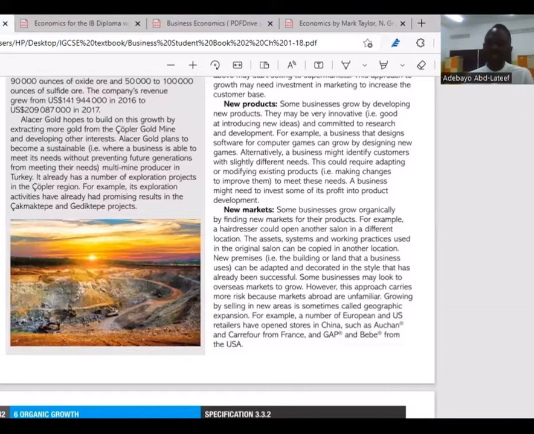So you don't need to understand other companies' culture, norms, or practices. It is your business. It is your practices. It is your culture. It is your norms. So it becomes easy. It is less risky because it does not have any complication. There are things that you've been doing before. So that is one of the advantages of having to grow organically.